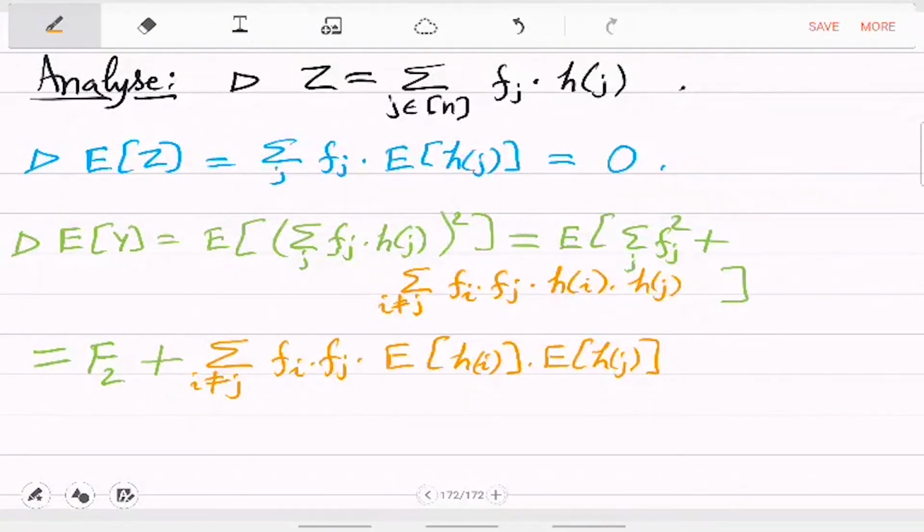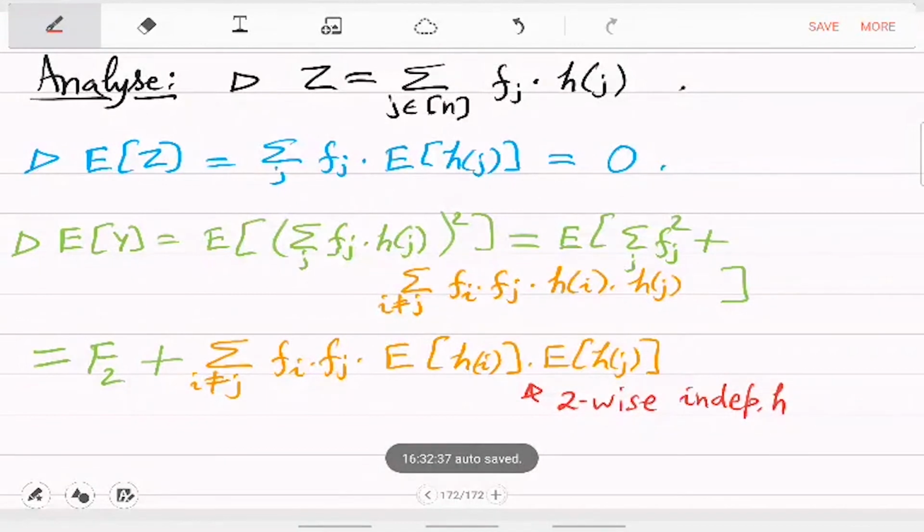And why did I do that? I can do this since i and j are different and the hash function is 4-wise independent, so in fact it is 2-wise independent. Because of that, I can factorize, and then this part is 0.